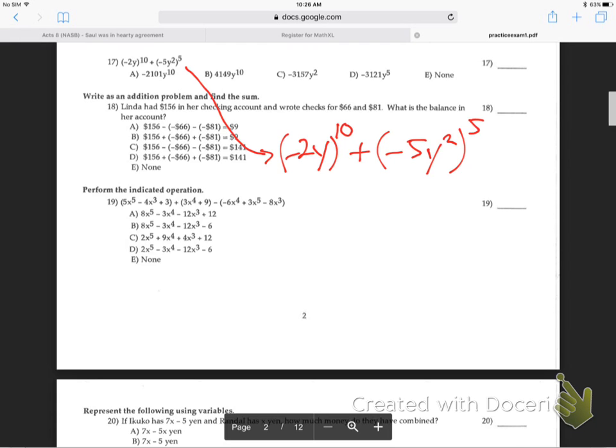Go ahead and try it again if you haven't. It's making more sense now. Hard one.